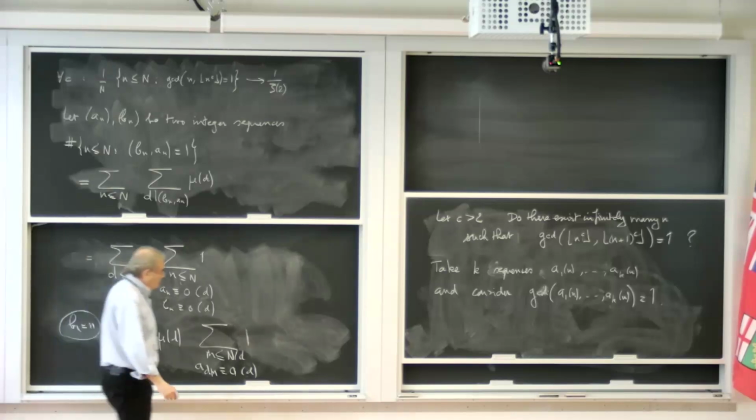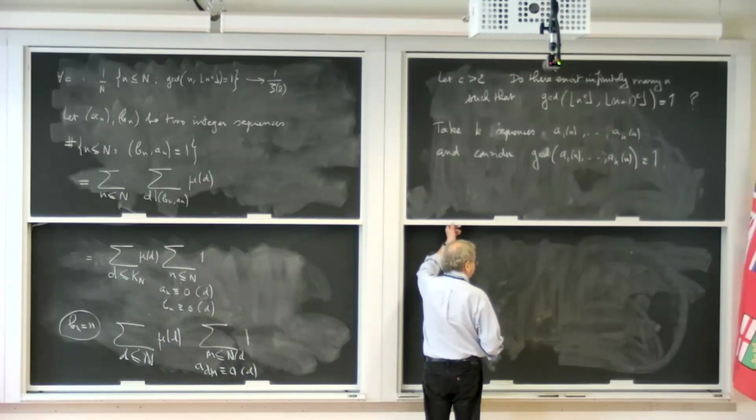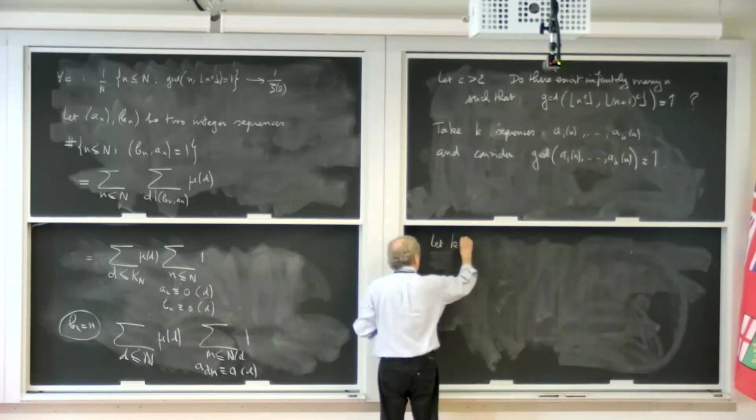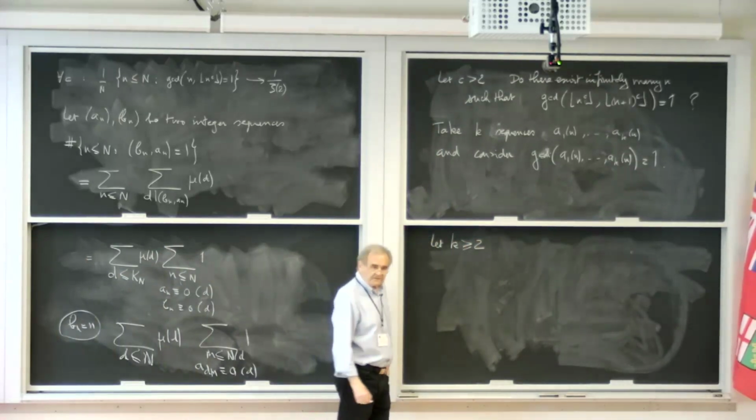So pairwise coprimality, we are back to the beginning of the question. You take k, which is at least 2, and you take all the integers.